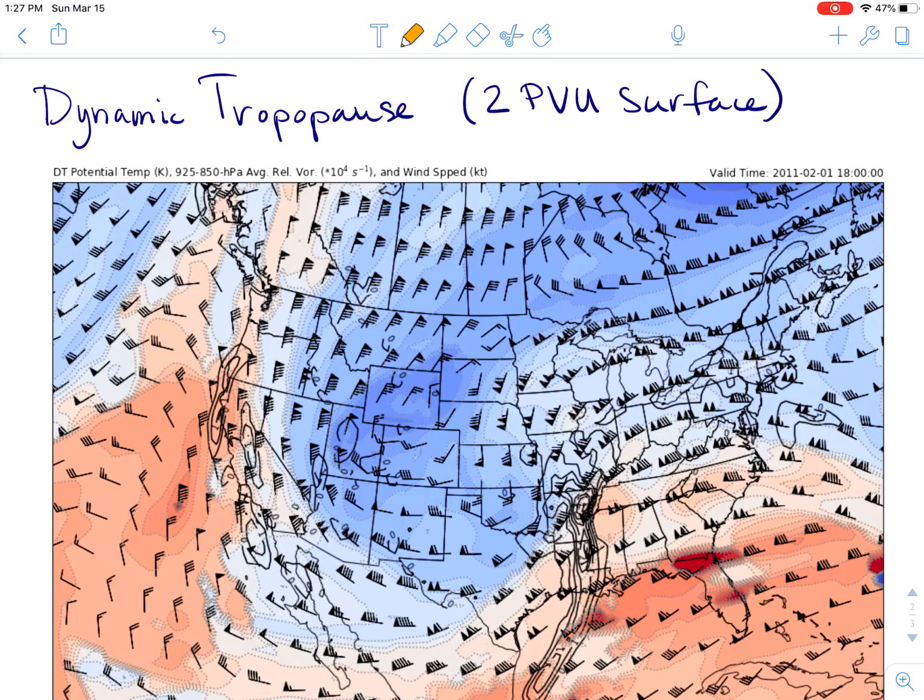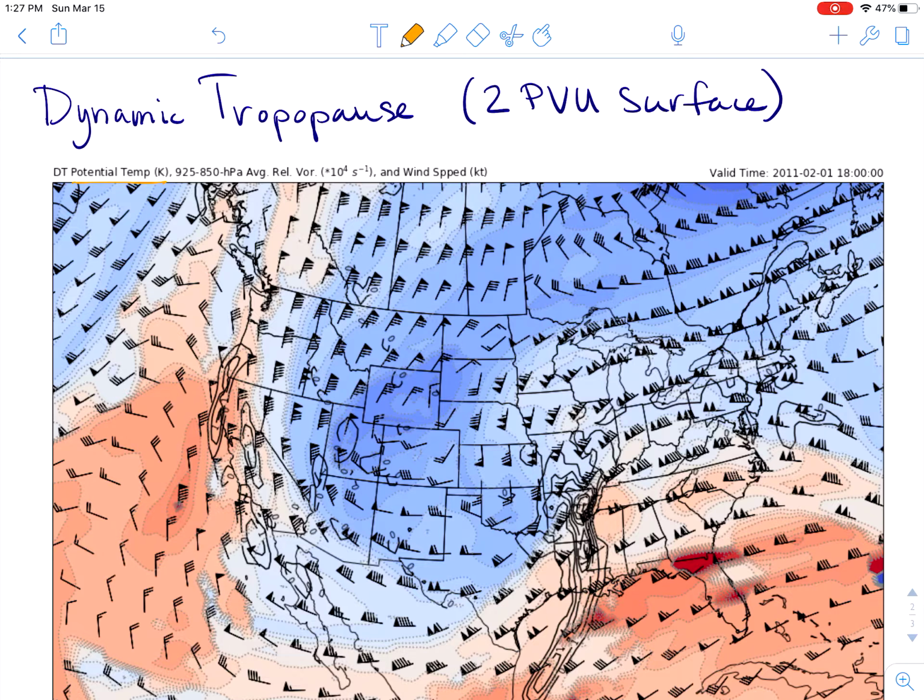And in this case, the dynamic tropopause surface that we're looking at in this map is the 2 PVU surface, so just slightly higher than what we would classically term the tropopause. Here, we are looking at the potential temperature on the dynamic tropopause. Basically, we're looking at a measure at this tropopause level that can relate to the depth of the troposphere.